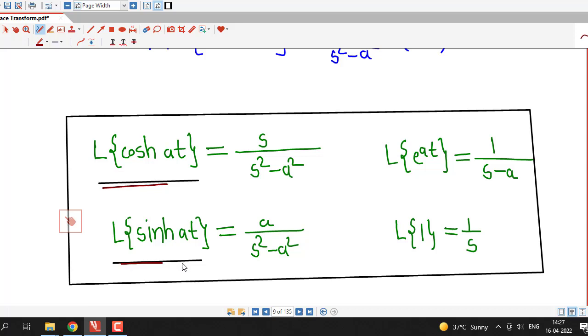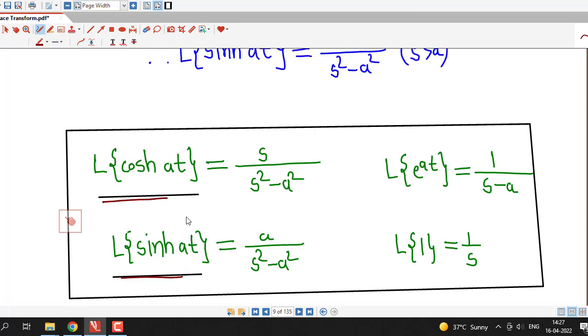If you wish, you can use the definition of the Laplace transform and derive this formula. You can go in this way also. The Laplace transform of cos hyperbolic at is the integral of e raised to minus st times cos hyperbolic at dt, and then you can replace cos hyperbolic at by (e raised to at plus e raised to minus at) divided by 2, and then you can integrate with respect to t.